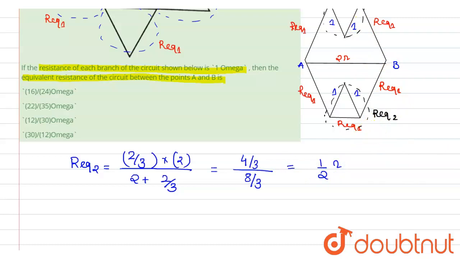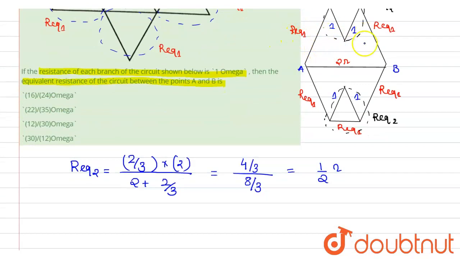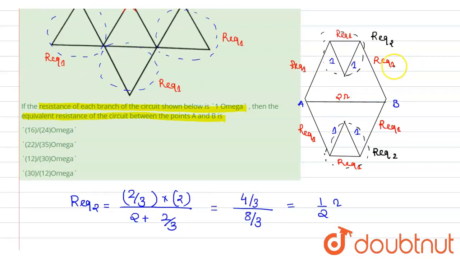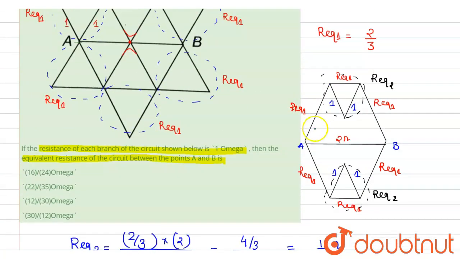So R equivalent 2 will be 1 by 2 ohm. Here this R equivalent 1 and R equivalent 1 will be in series, so it will be 2 R equivalent 1 plus R equivalent 2, and this is our RT dash. What is RT dash representing here?